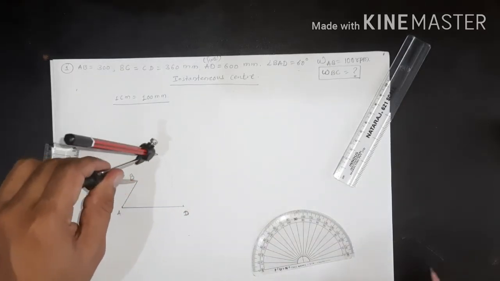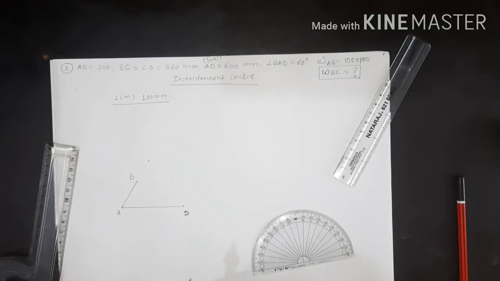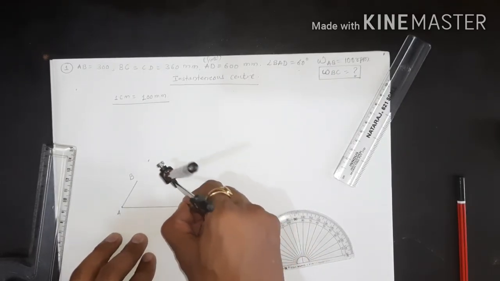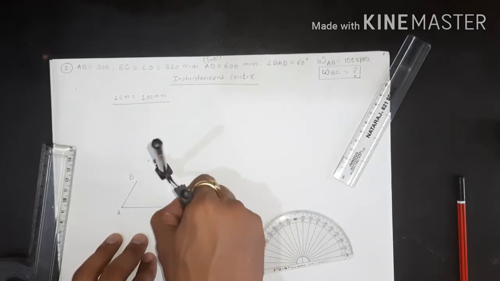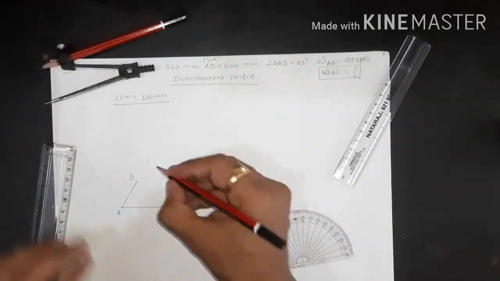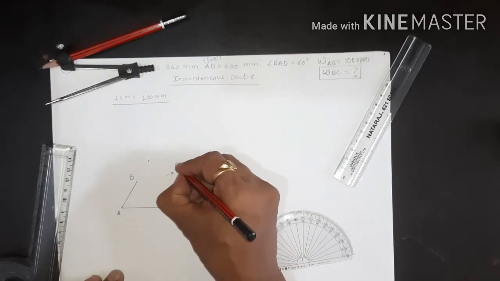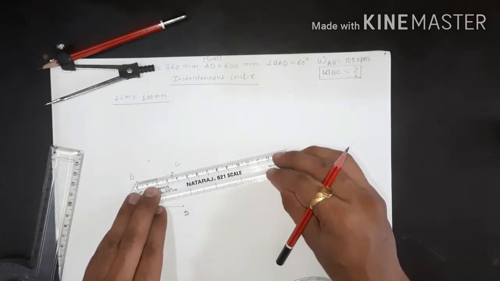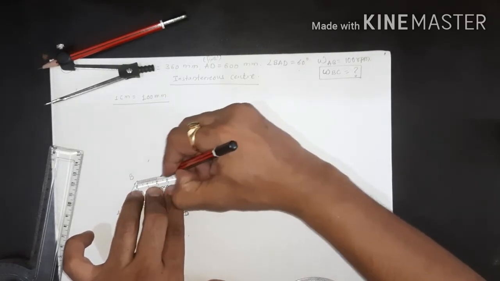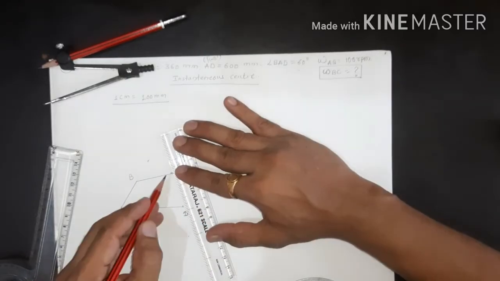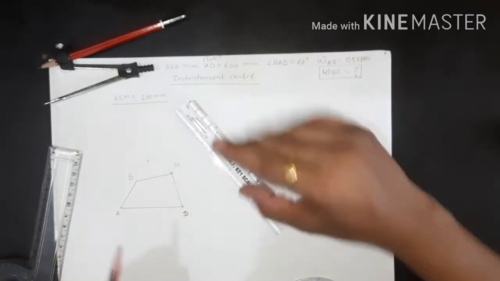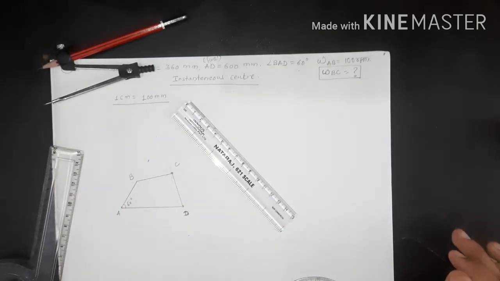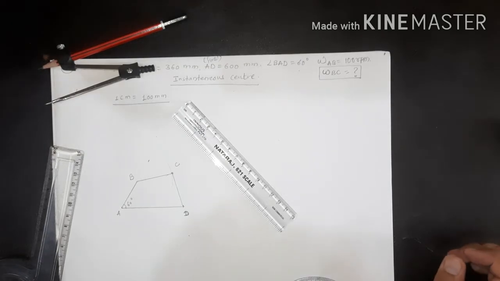So from B, I'll arc for point C, and from point D, I will arc for the point C, like this. So wherever they will merge, that intersection point will give me point C. So here we can complete the space diagram very easily. So that's it. Now this is 60 degree, right? Now this is called the space diagram.